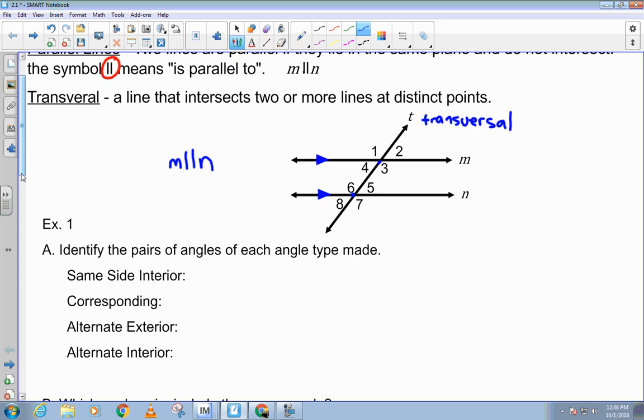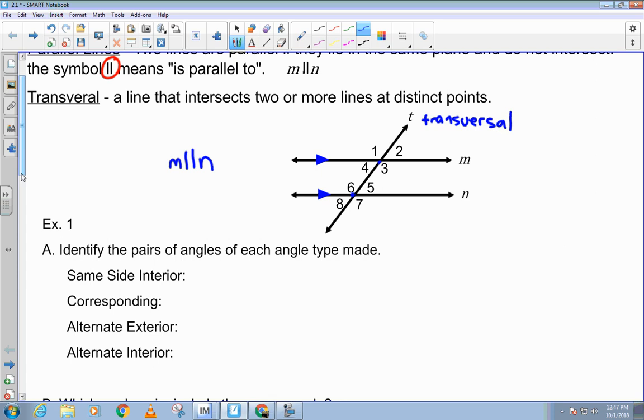And so we're going to add some new angle pair names when we have two lines cut by a transversal. The first one is same side interior. And these names, to me, go exactly with what they do. So same side interior would mean they're on the same side of the transversal inside the parallel lines.